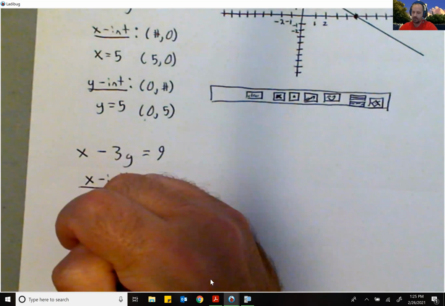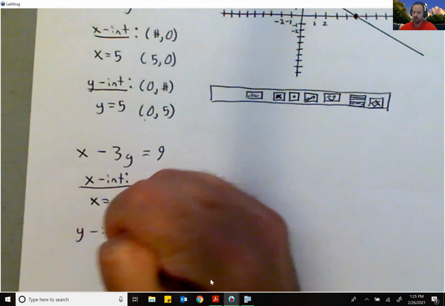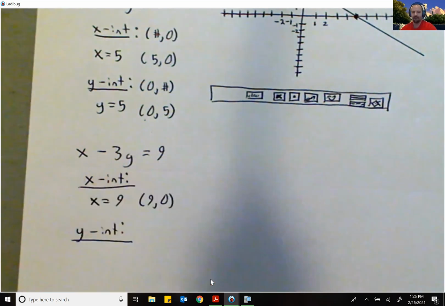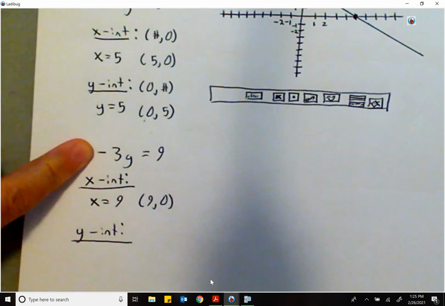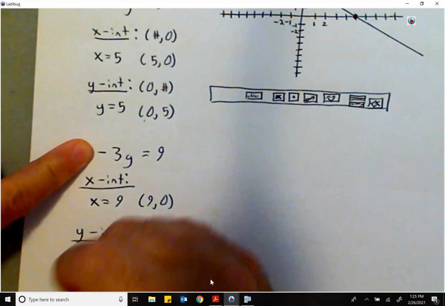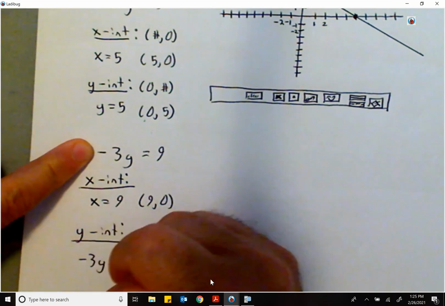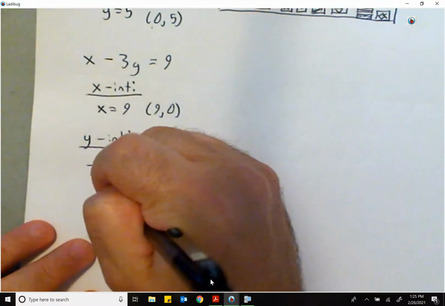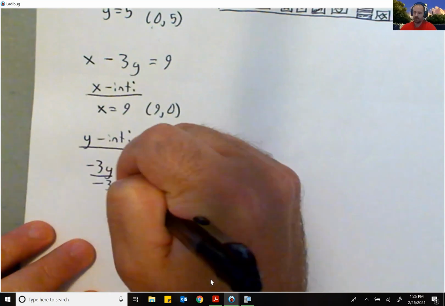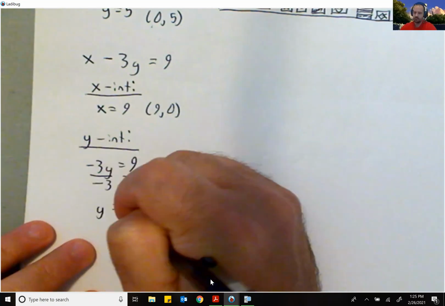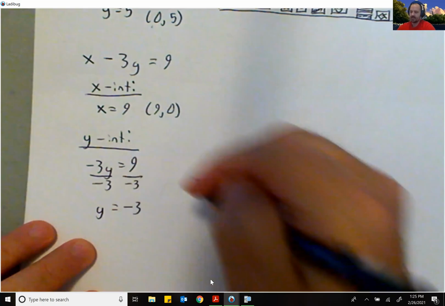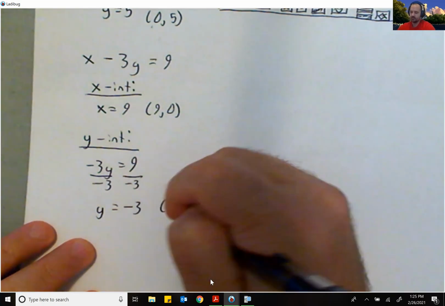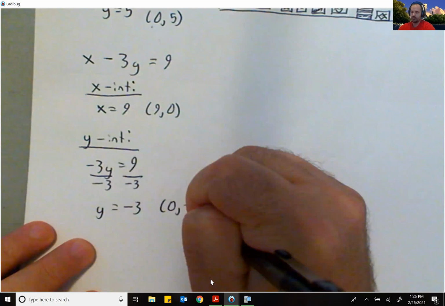When I want the y-intercept, who do we not care about? x. What's left? Negative 3y equals 9. And how do we solve for y? Divide by negative 3. So y is equal to negative 3. There's our second point, which would be 0, negative 3.